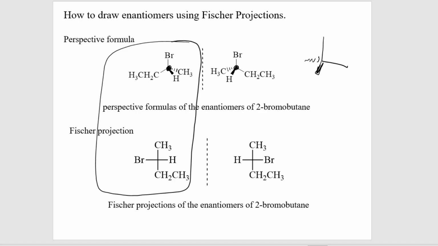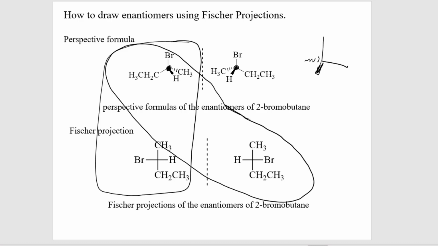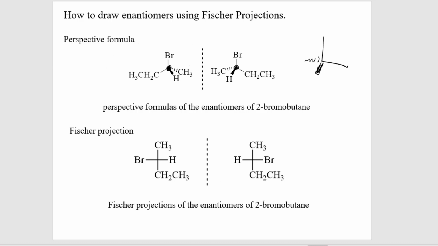Right? And then you'd have to convert your Fischer projection into a regular tetrahedral, and then you'd find out that they are the same. But maybe these two were given to you where one was tetrahedral in perspective, and the other one was a Fischer, and you realize they weren't the same, but they were stereoisomers of one another, perhaps, right? And so you've got to consider that being the same molecule is a possibility.